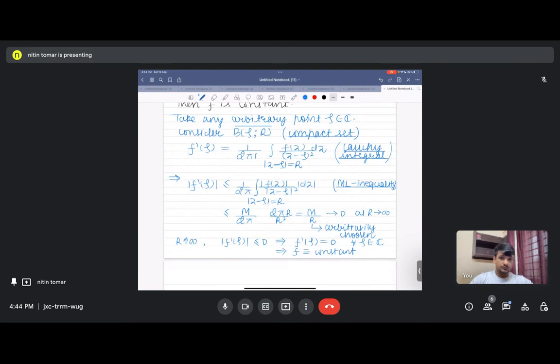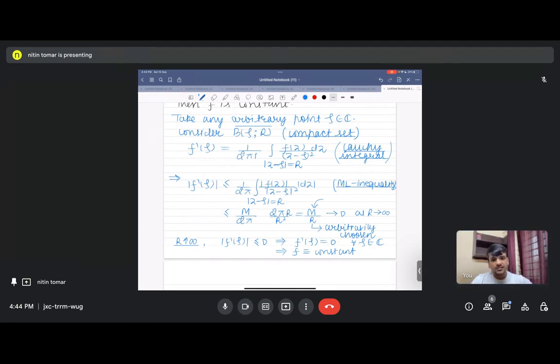Sir, why are we not using Liouville's theorem here? No, it's a proof of Liouville's theorem. See, because this M has to be uniform, right? If M changes, because we'll keep on increasing R, right?